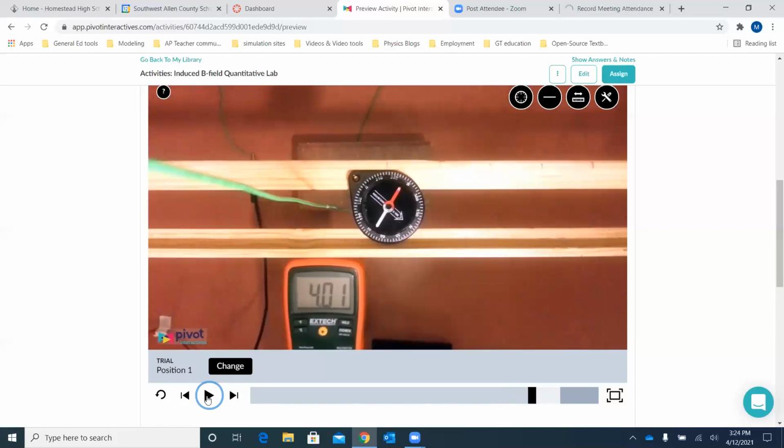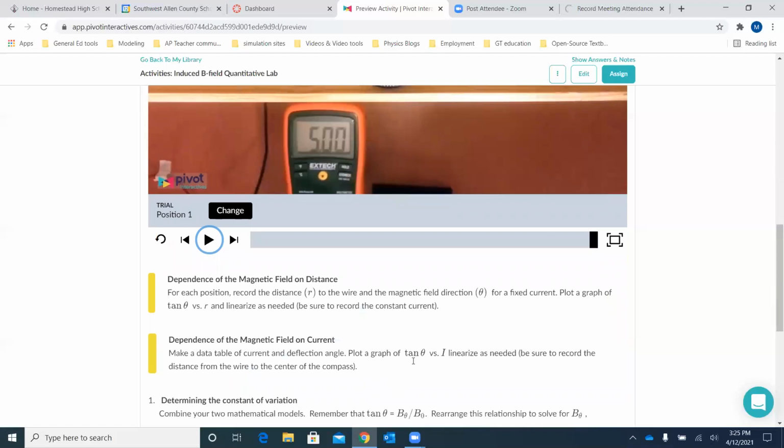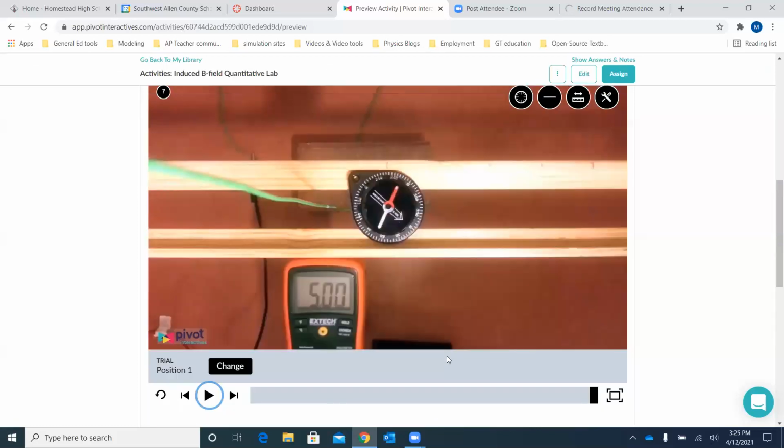I'm not sure if that's 6 data points or not. It looks like we have one more, 4.5, I can measure that angle. And it looks like you can even do 5 maybe. So what you're doing for this last part is you're plotting tangent of the angle versus I and figuring out what the relationship is, okay?